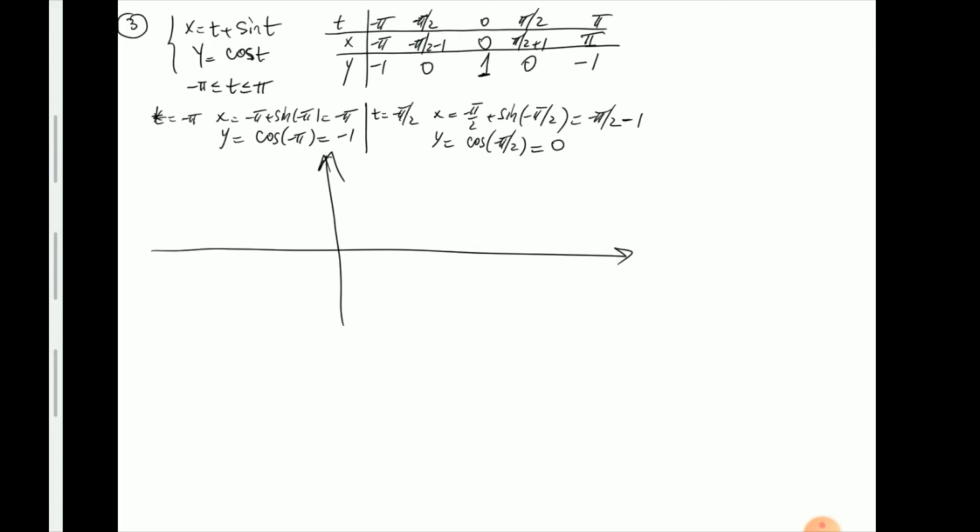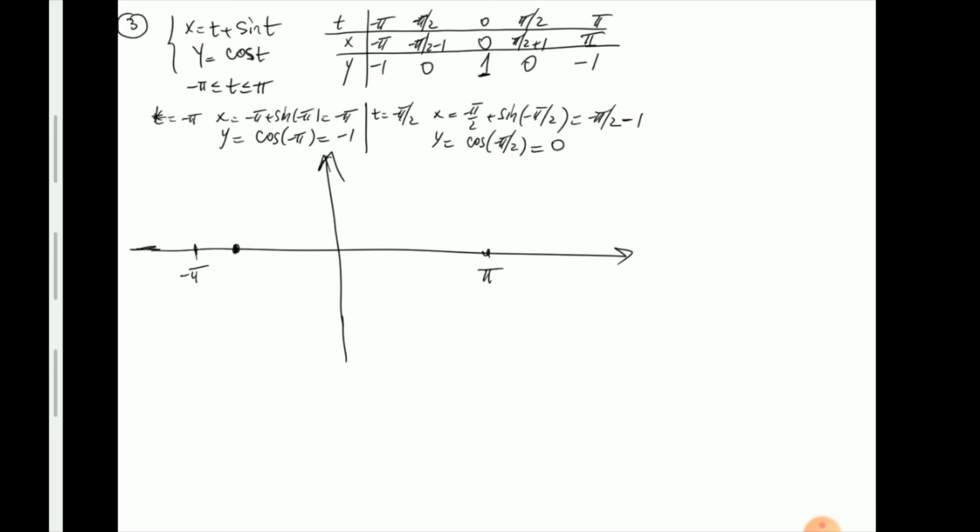Let's actually figure out where we place minus pi and pi, because the other ones are kind of symmetric. Minus pi over 2 minus 1 is like minus 2 point something, so it's over here.